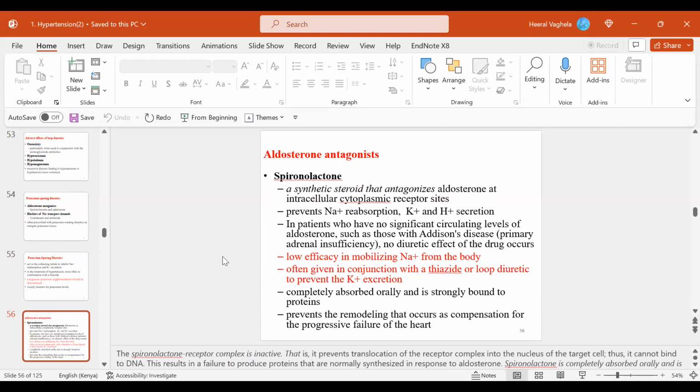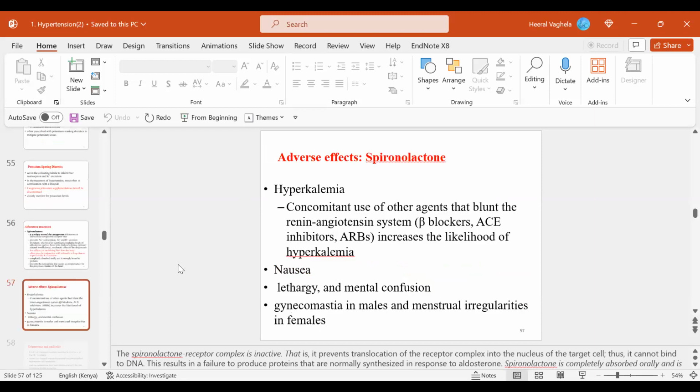Because it antagonizes the aldosterone receptors, and in Addison's disease, we know that there is already less aldosterone. So if you give spironolactone, you worsen the symptoms of Addison's disease.